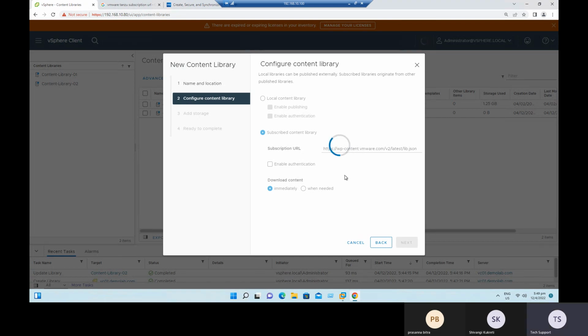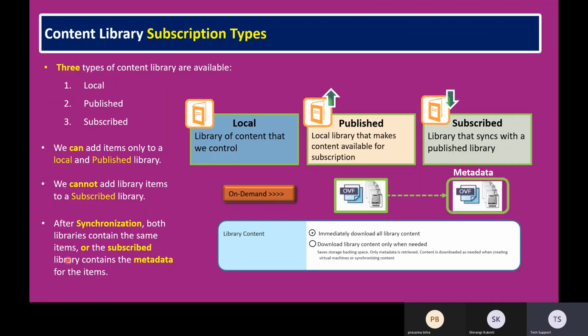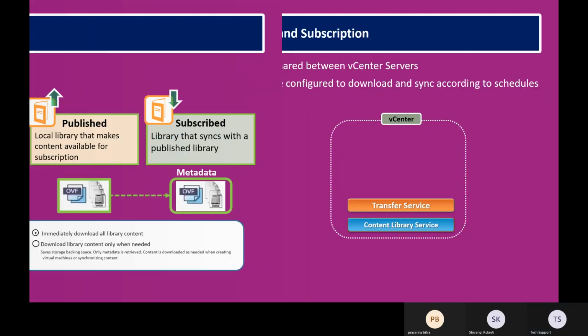In the meantime, let's go back to our slide. So this point we covered, as I mentioned here: download all the library content immediately, or download library content when needed. Okay, clear? Now let's talk about more points on the published content library and subscribed content library.